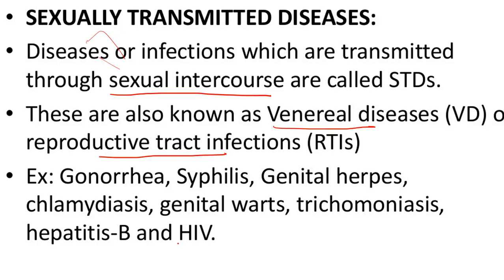A very common disease is HIV or AIDS, which gets transferred when there is sex with multiple partners. Syphilis is another example. Gonorrhea, genital herpes, genital warts, hepatitis, all these are examples of diseases which are transmitted sexually.